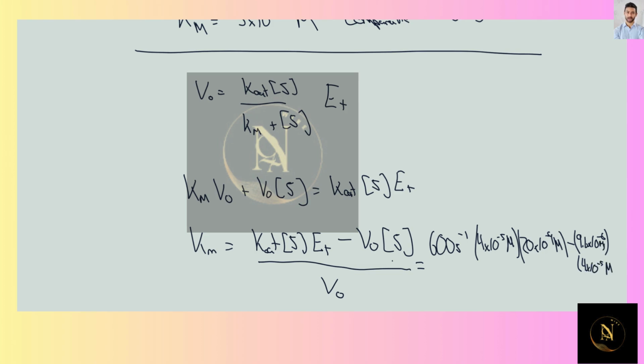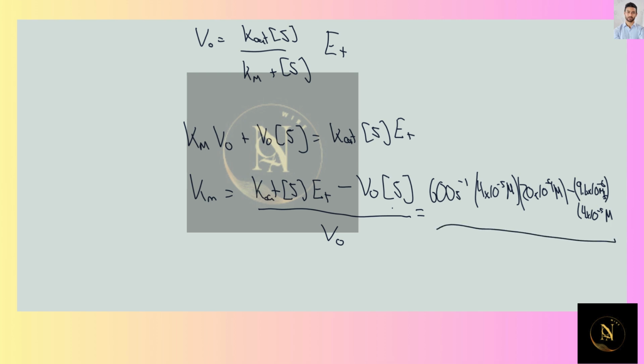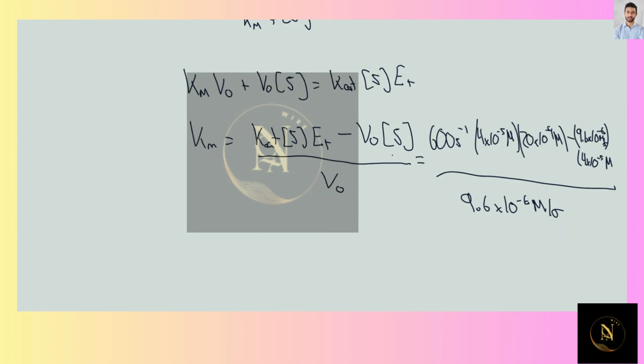Remember that this is molar per second. All of this over my initial velocity of 9.6 times 10 to the minus 6 molar per second gives us the correct value of the Michaelis constant, 1 times 10 to the minus 5 molar.